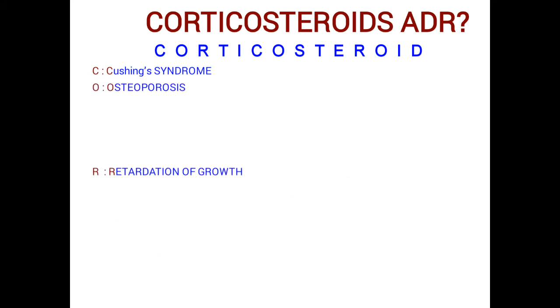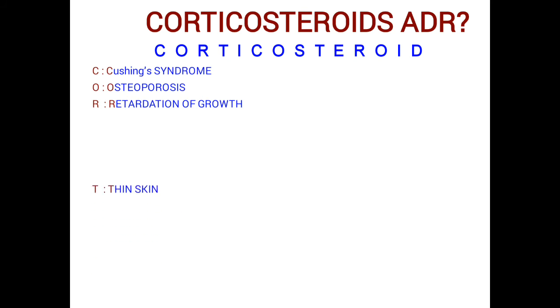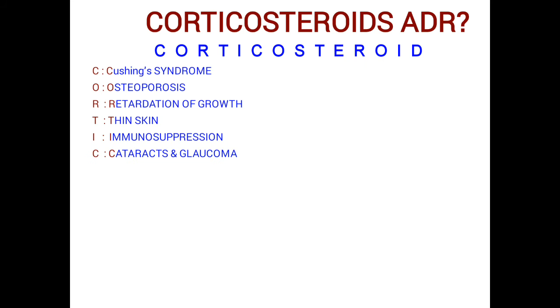Osteoporosis. And with R, you can remember retardation of growth. With T, thin skin. And for I, immunosuppression. For C, cataracts or glaucoma. Again for O, edema. And for S, suppression of HPA axis, hypothalamic pituitary axis.